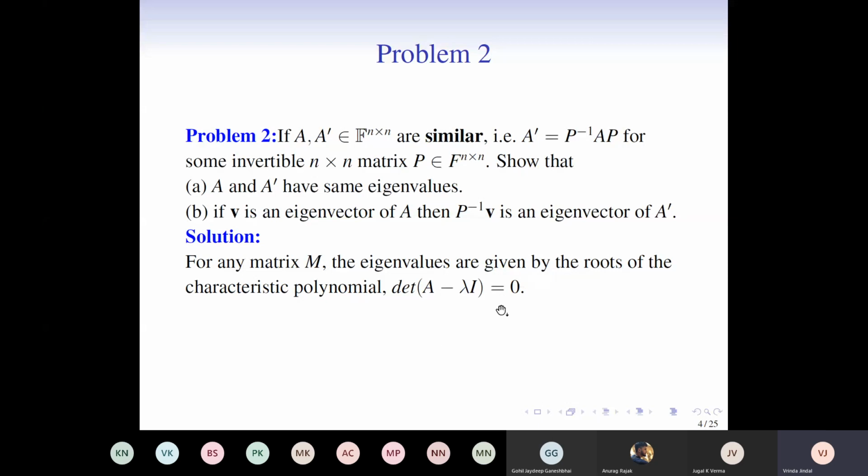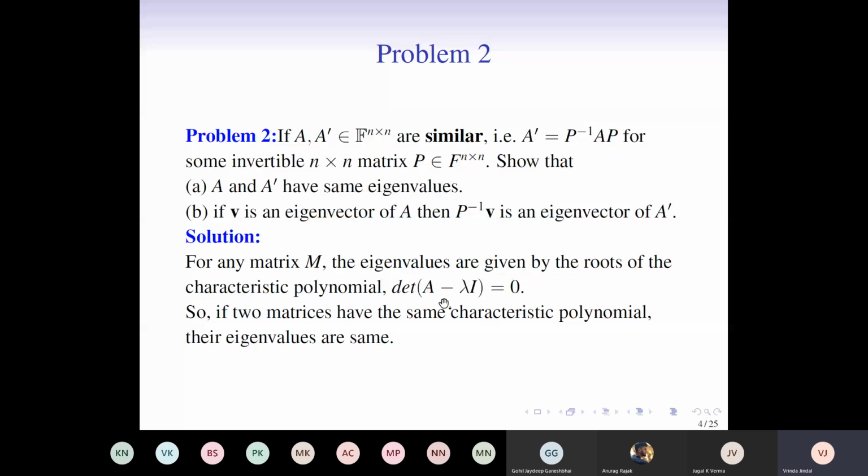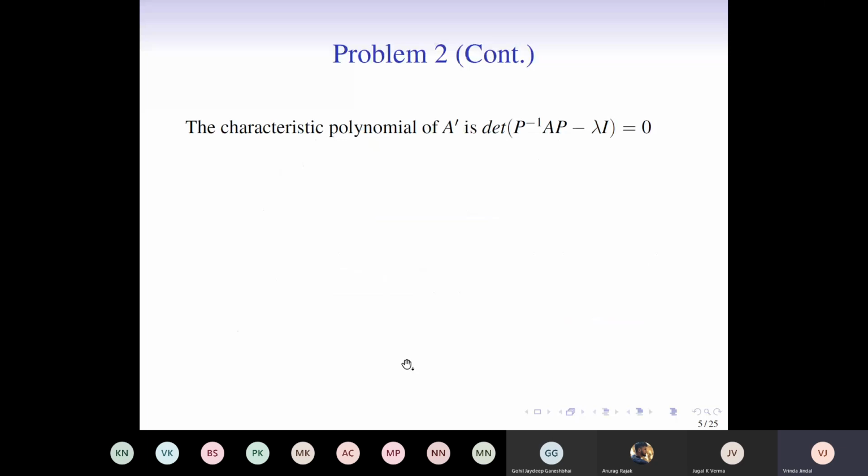It's a polynomial in lambda of degree n, because lambda gets a power of n if we expand the determinant of A minus lambda I. So if two matrices have the same characteristic polynomial, their eigenvalues are the same, because the roots of the same equation will be the same.